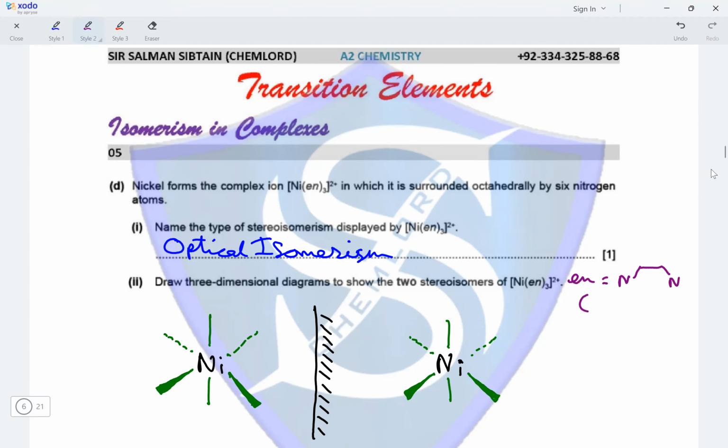En itself is actually H2N, CH2, CH2, and NH2, which can be defined as the skeletal formula. And now placing En on the 2 optical isomers. So color coding them, the red one, if placed here on one of the isomers, would be placed here as a mirror image on the other isomer.